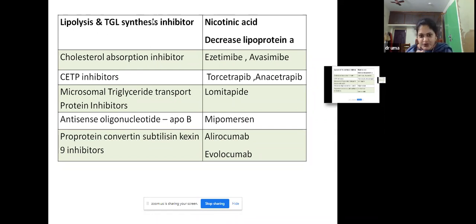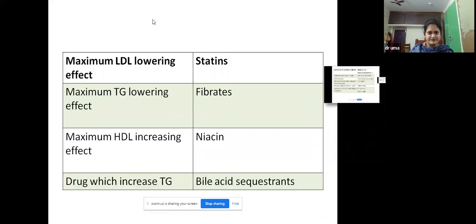Here also MT is there inside the drug name itself. Antisense oligonucleotide against apoB is mipomersen. And PCSK9, proprotein convertase subtilisin kexin 9 inhibitors, are alirocumab and evolocumab. These are new drugs; you know the names of the drugs alone.